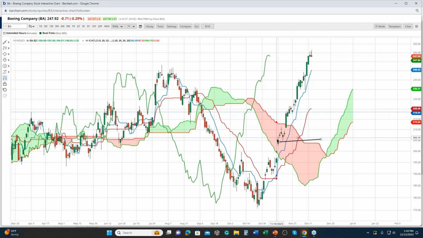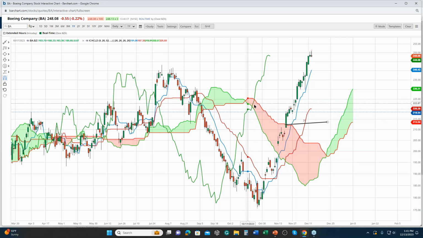We're in the cloud, so we're not getting all five firing at the same time. And it's not until we really get to about here where price breaks through the cloud, our moving averages are above the cloud, our price is above the cloud, and our momentum green line still has clear air.